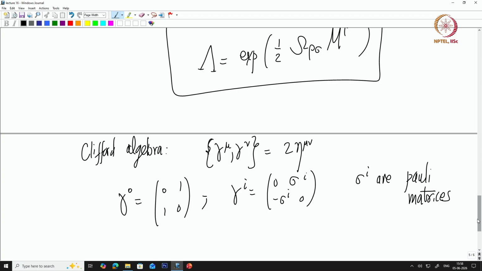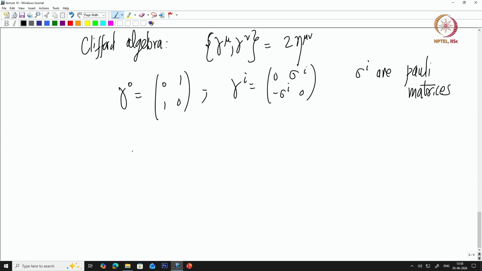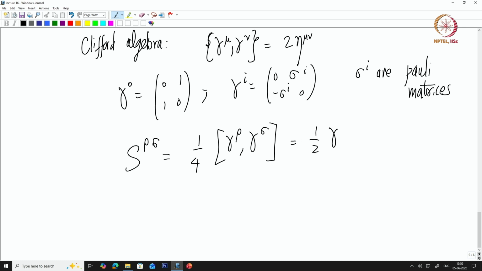So it turns out there is such a matrix, and it is given by S rho sigma is equal to 1 by 4 times the commutator of gamma rho and gamma sigma, and this is nothing but 1 by 2 gamma rho gamma sigma minus 1 by 2 eta rho sigma.